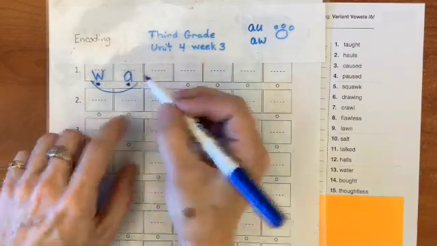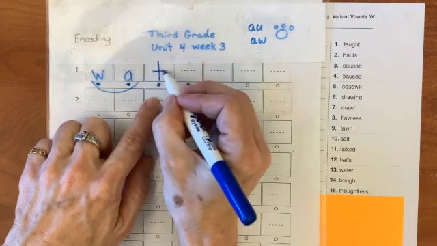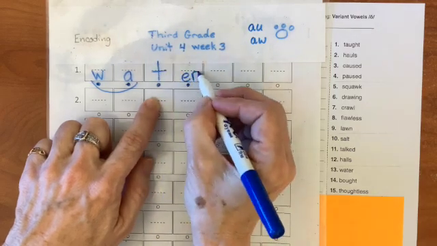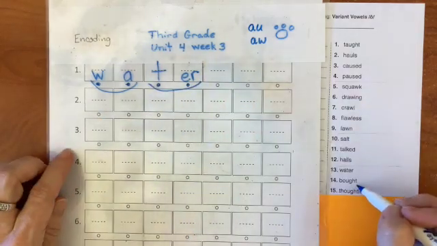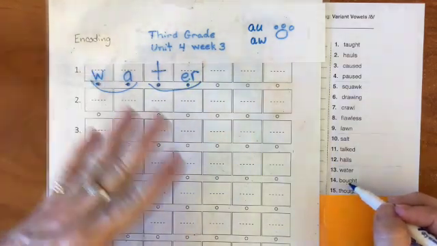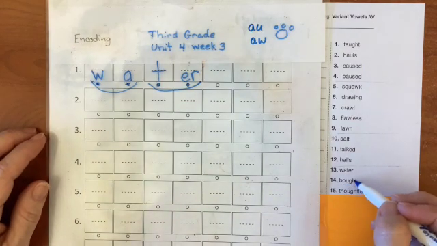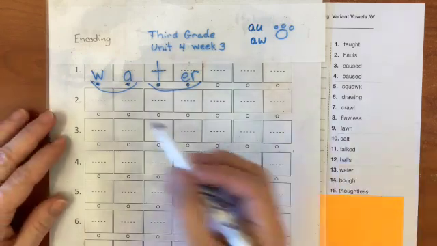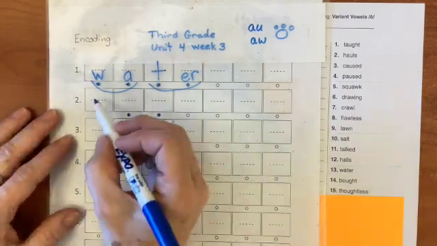Wa, ter is t and this is an R control. T, and then ER. Water. And the next one's bought, so this is not anything that we've talked about before. It's O-U-G-H. But remember I said that G-H can be silent, so it's b-ought. It's only 3 phonemes.